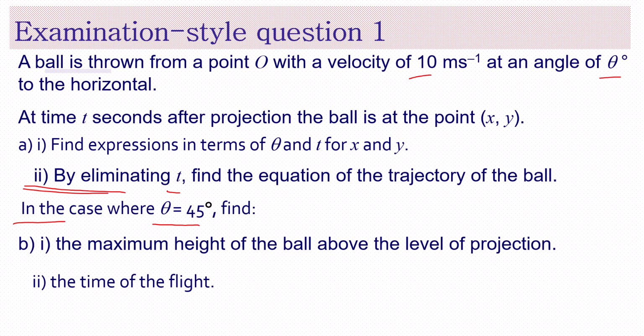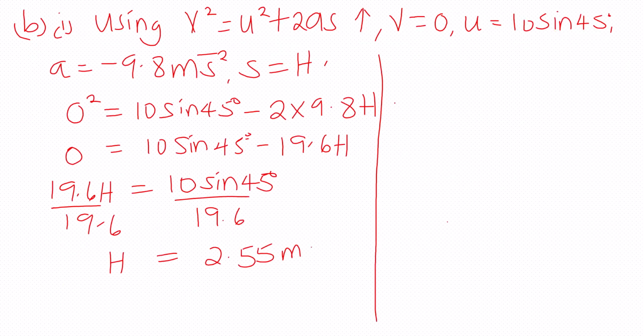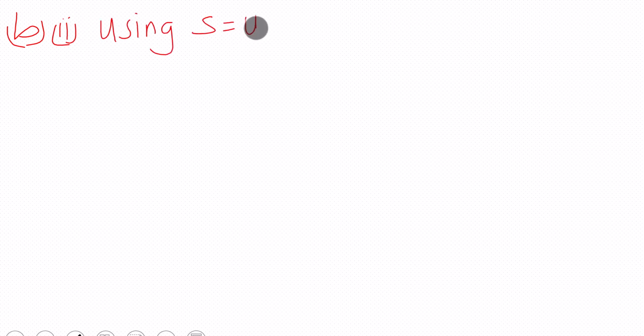So for the time of flight, we are going to use the second equation of motion. So let me remove this information here. We are now on part B, Roman 2, and we are going to use S is equal to ut plus a half at squared.